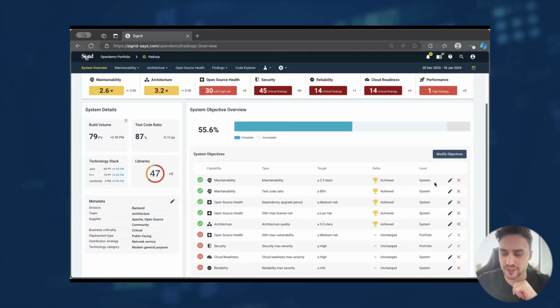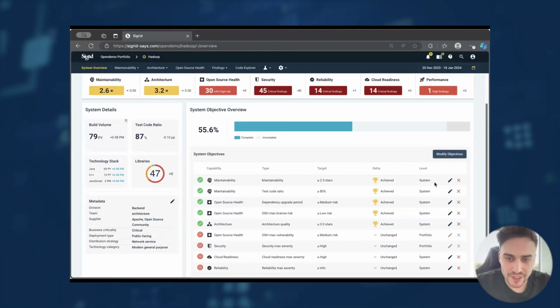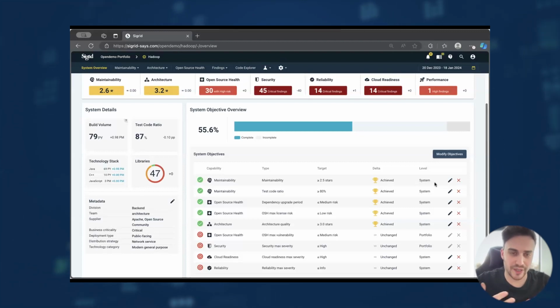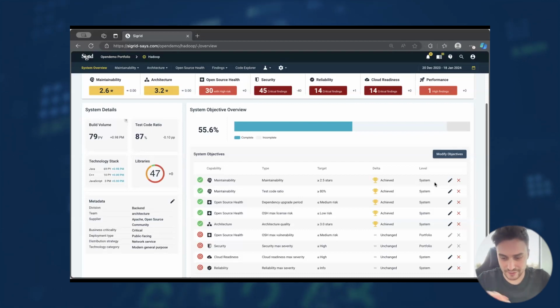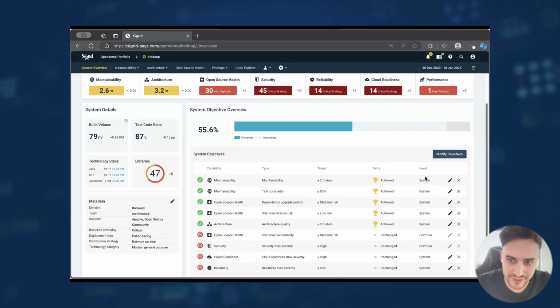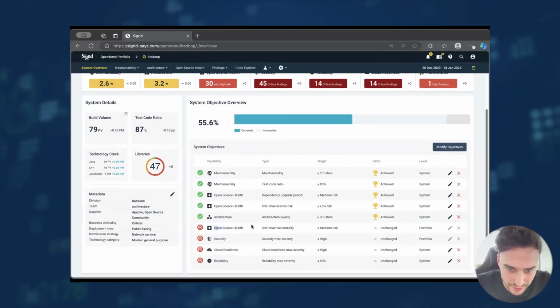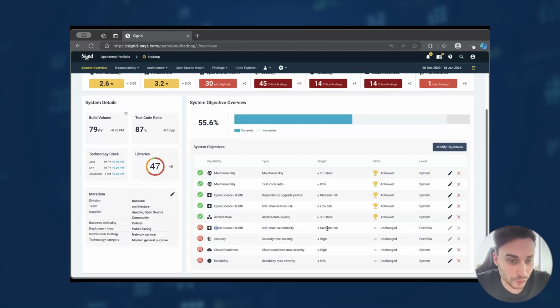You can use this flow as, for example, there's a management team that wants to set some policies and they define some portfolio level objectives. And some teams can see this in their system level objective, that they should do something because it's not met their new portfolio objective.